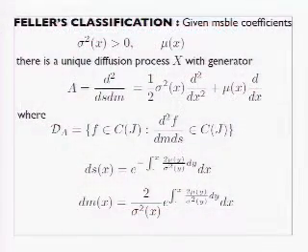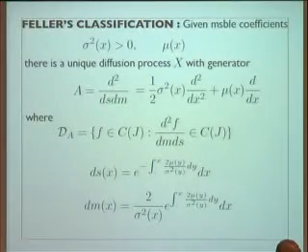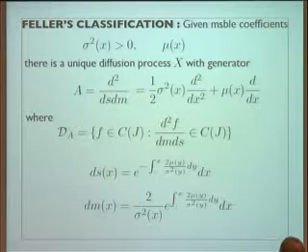So this is probability. Let's go back to a little bit of probability. Although one can argue whether Feller's classification of diffusions is certainly motivated by probability, it's more or less an analytic resolution of that question.